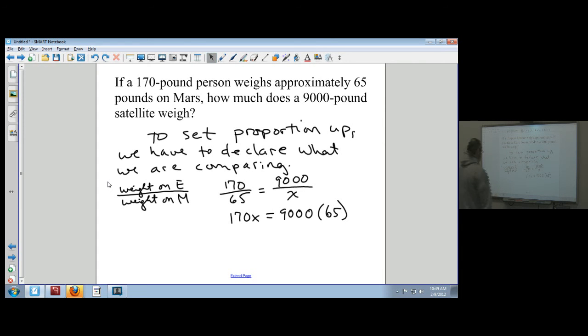So what do we have here now? 170x equals 9,000 times 65, which is going to give us 585,000. Now we would divide.